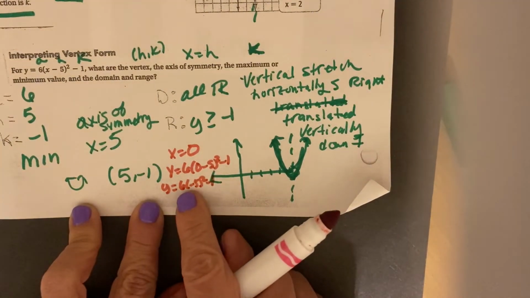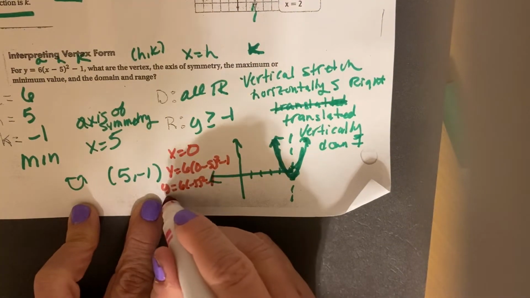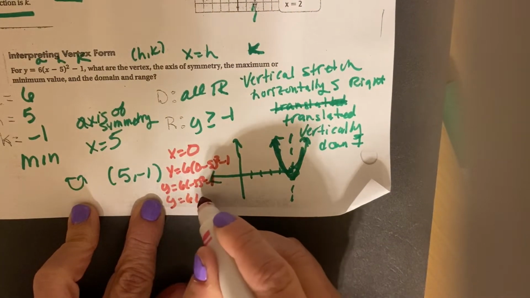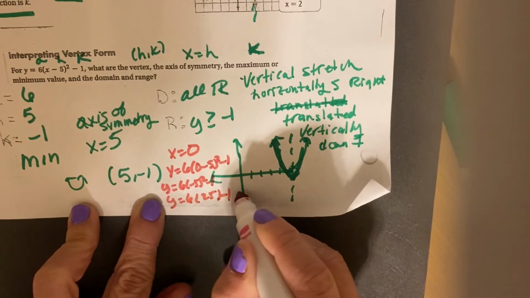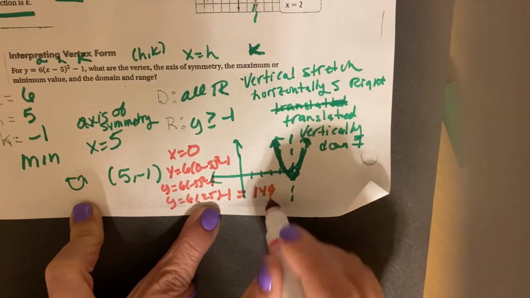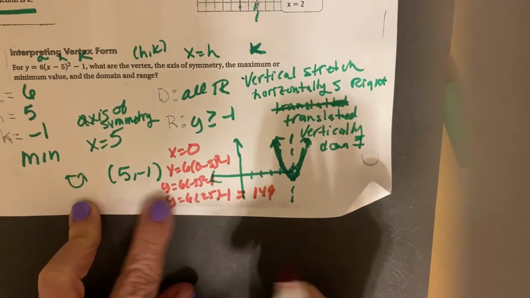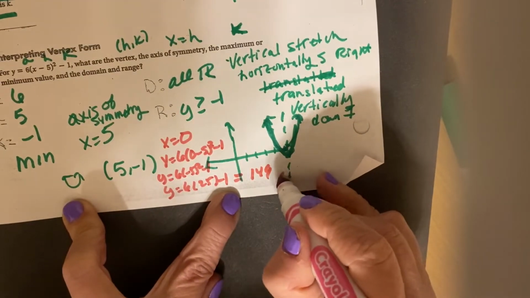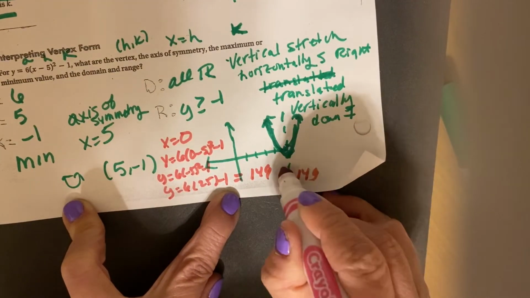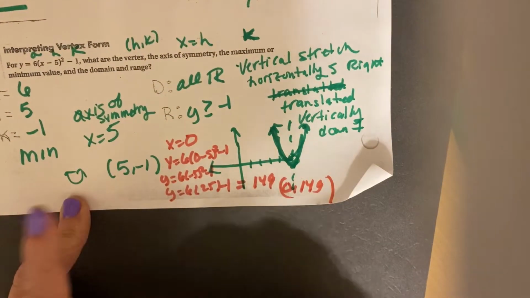Hopefully you're not taking 6, multiplying by −5 and then squaring. So you should have y = 6 times 25 − 1, which is 150 − 1, which is 149. So my y-intercept's all the way up here, which is (0, 149).